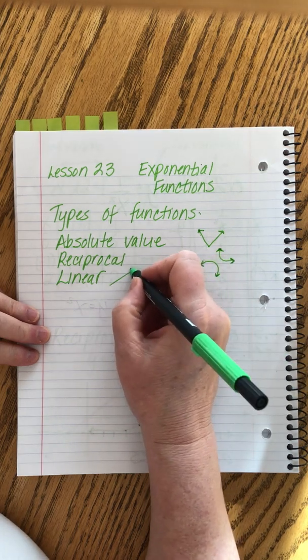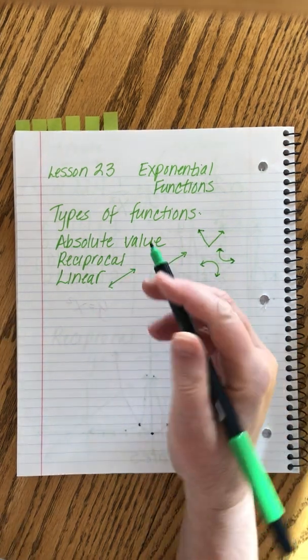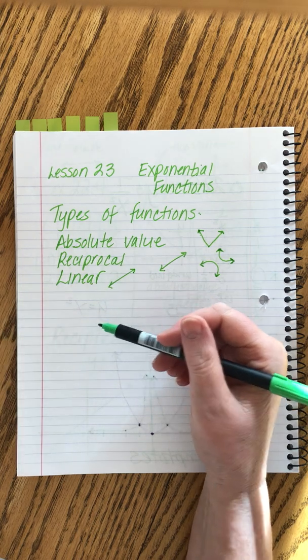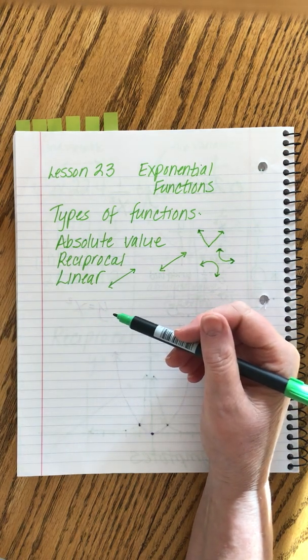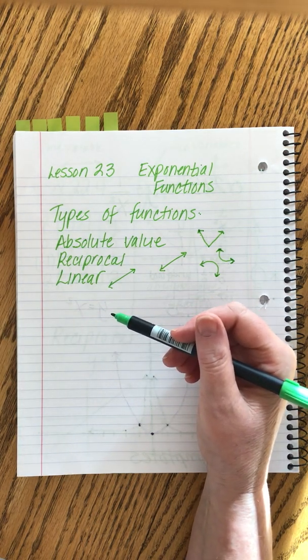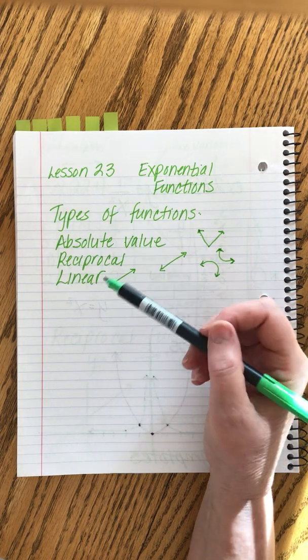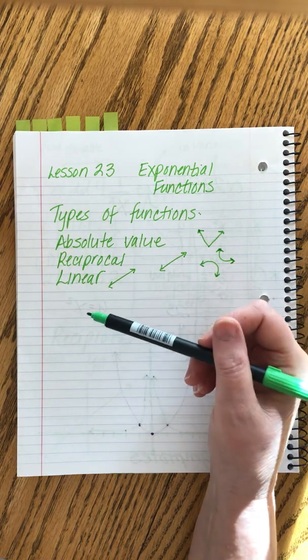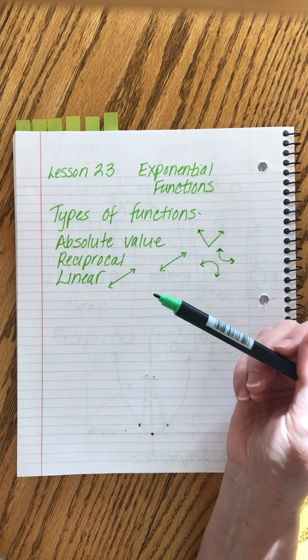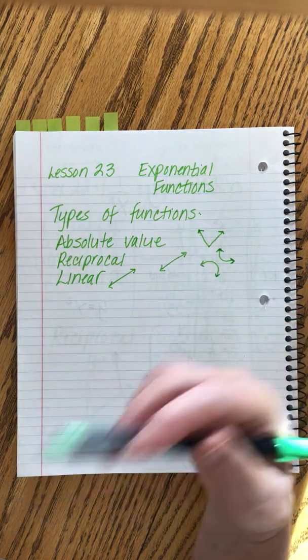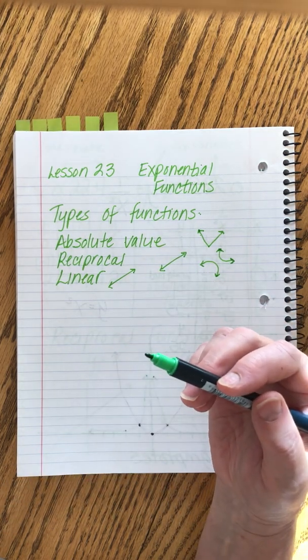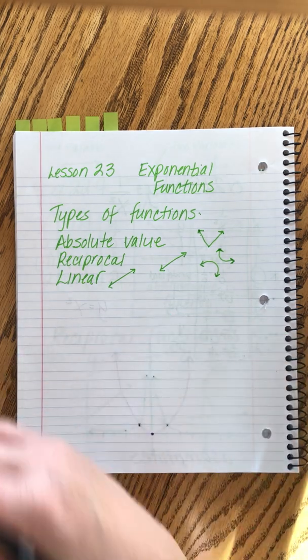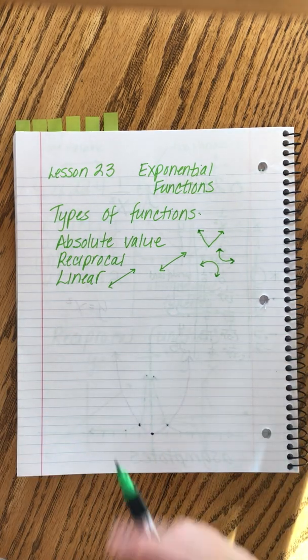A linear function is a line, right? And so what we're going to be doing for the next handful of lessons, really through a lot of the book, is talking about different kinds of functions, what they look like, how to sketch their graphs, how they behave with numbers, and they're all within the family of functions.